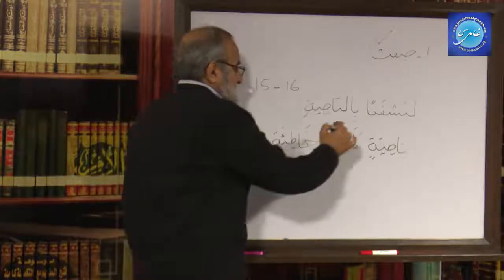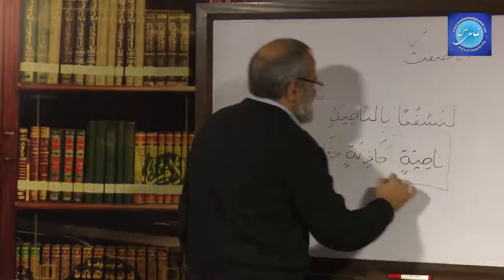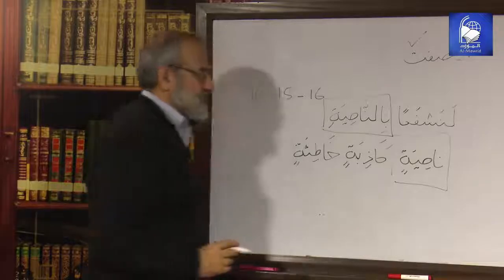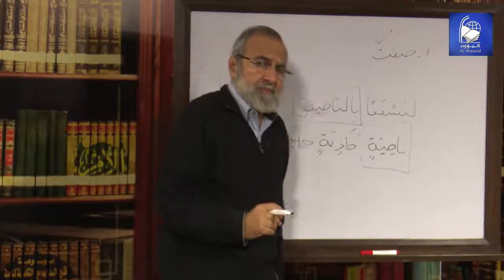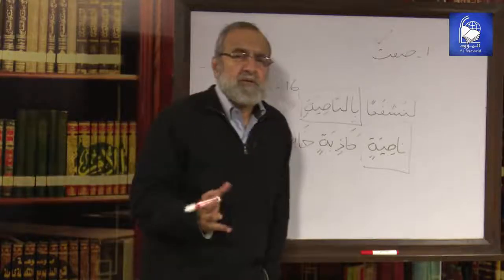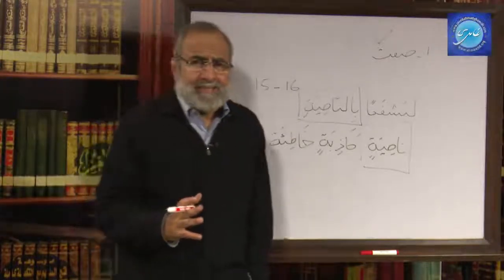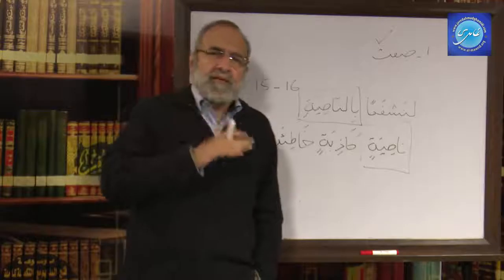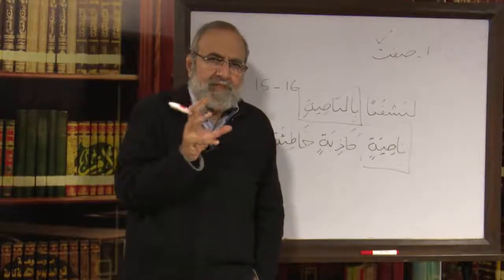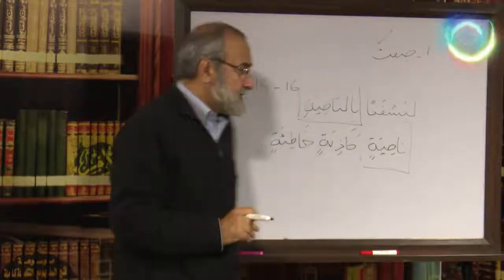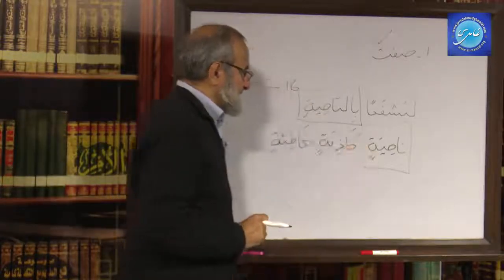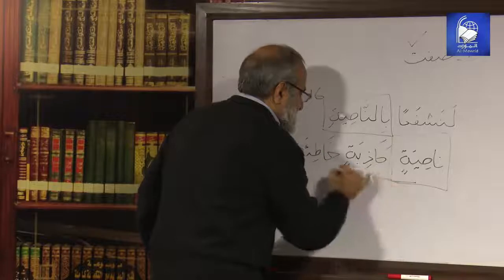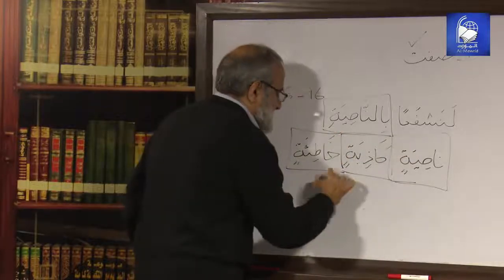So this nasiya is actually repeating the same nasiya, but this time round it's apparently nakira, which really means that when you're talking about badal and mubdal minhu, it is not necessary that you satisfy the condition of nakira and marifa, that they be similar in that category as well, because this was marifa and this one is nakira. So a nasiya, which nasiya? The forelock, that is kaziba, lying, khatia, sinful.